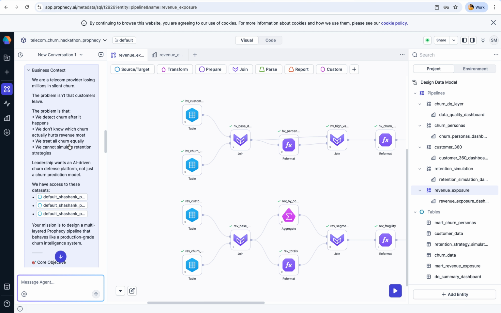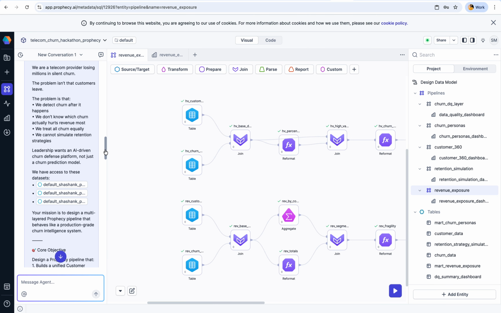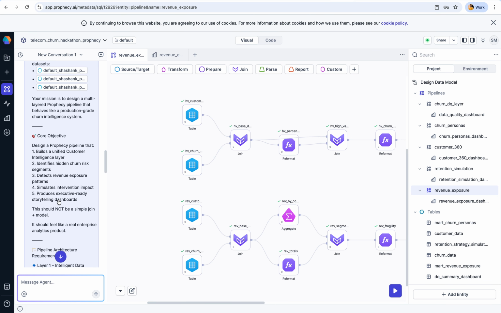I gave what I narrated to a GPT model or Claude and asked it to write the best prompt which the Prophecy AI agent can leverage to derive the entire pipeline in one single shot. This is what the entire prompt looks like.